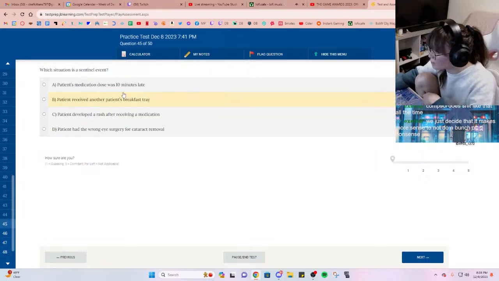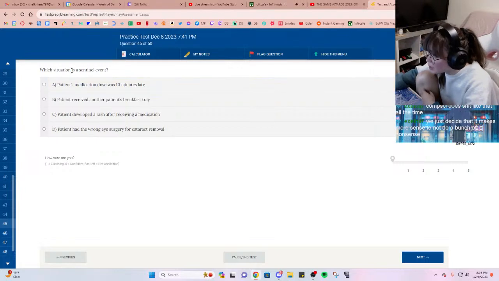Okay. Which situation is a sentinel event? I don't know. Patient's medication dose was 10 minutes late. Patient received another patient's breakfast tray. Patient developed a rash after receiving a medication, or patient had the wrong eye surgery for cataract.